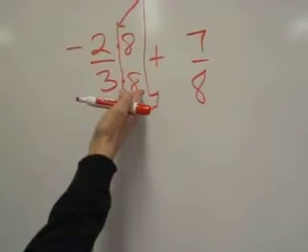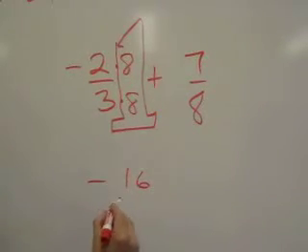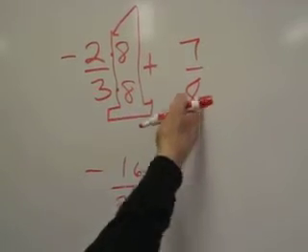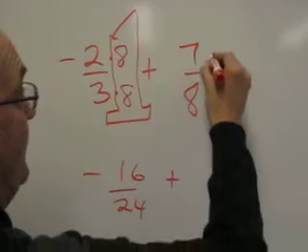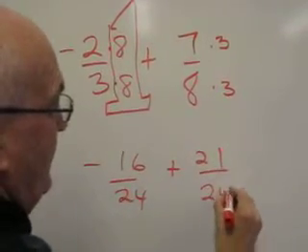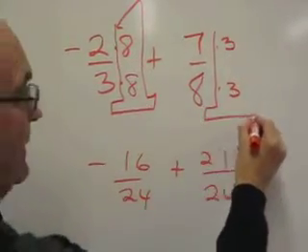So I'm altering its form, but I'm not altering its value. So I get negative 16/24. Over here, to get the common size part, which is 24ths, I have to multiply it by 3/3, and I get 21/24. Again, 3/3 is just another form of 1.